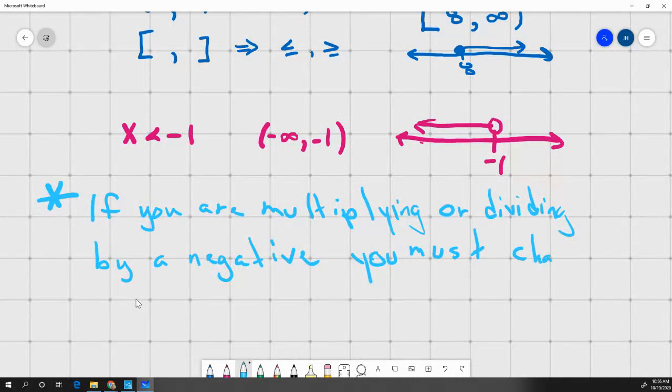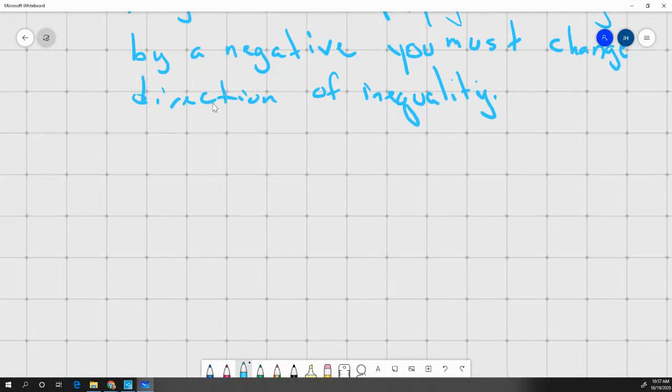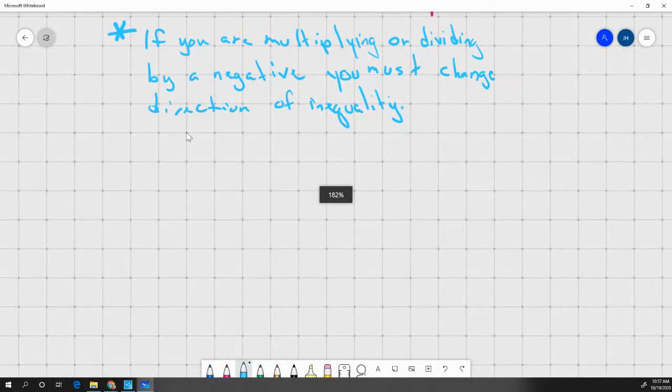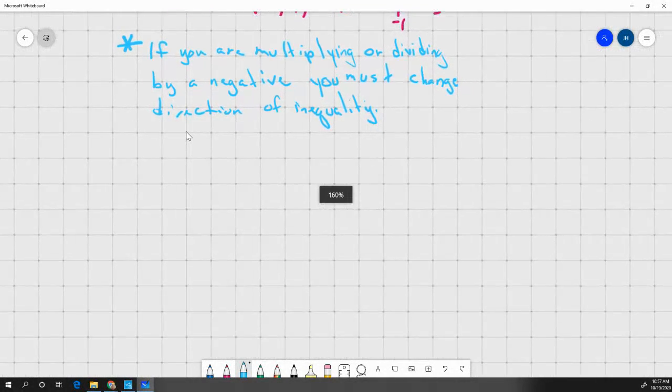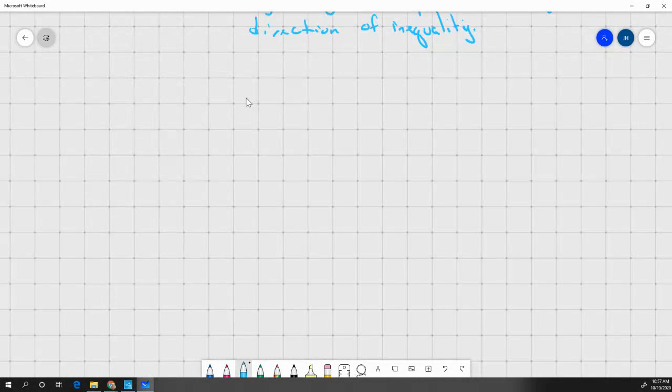Must change direction of inequality. So those are the biggest things that we learned in the last lesson that are going to carry over into this lesson. And those rules are going to apply when we're dealing with compound inequalities as well.